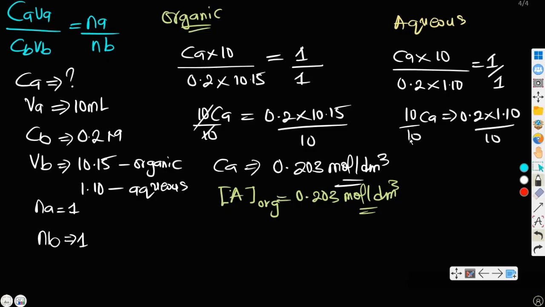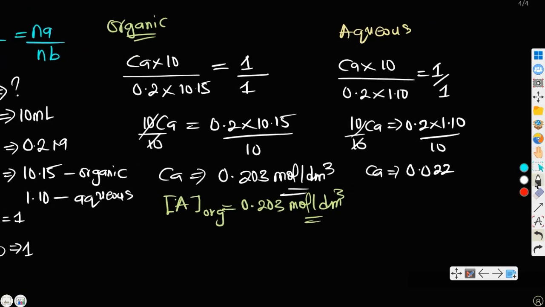Divide both sides by 10. This is going to give us CA is equal to 0.2 times 1.10, which is 0.22, divided by 10, which gives us 0.022. Now, what is the unit for this one? Still mole per dm cube. Are you getting it? So the concentration in the aqueous phase is 0.022 in mole per dm cube.